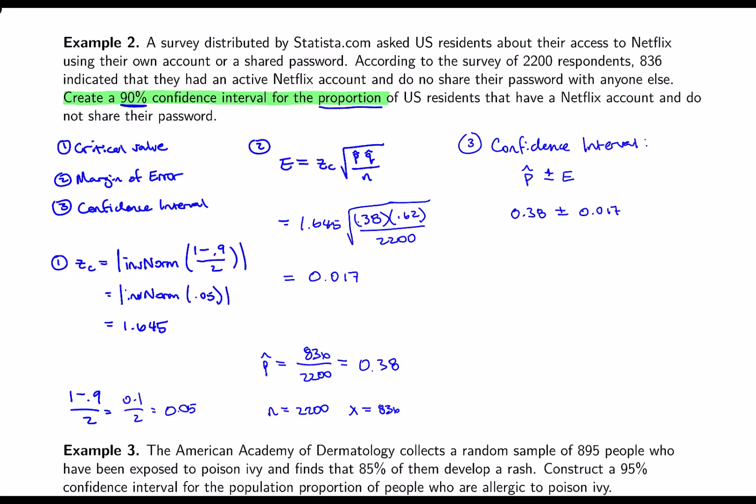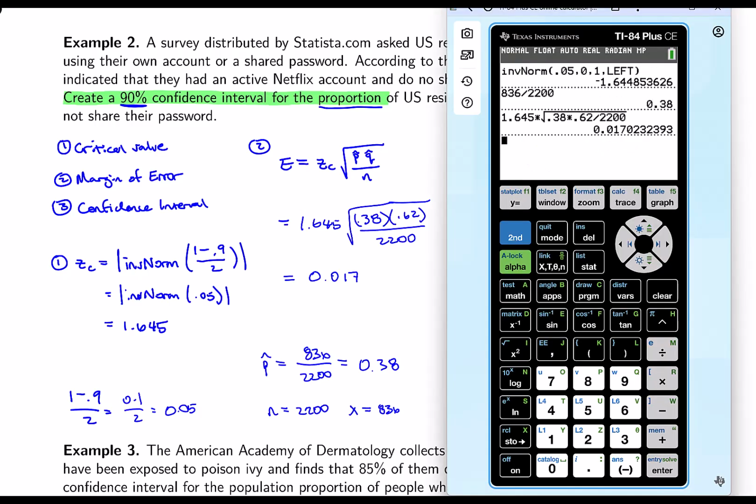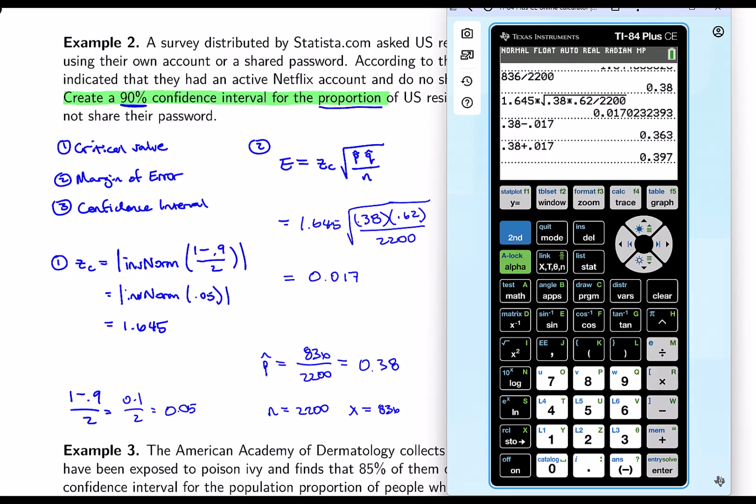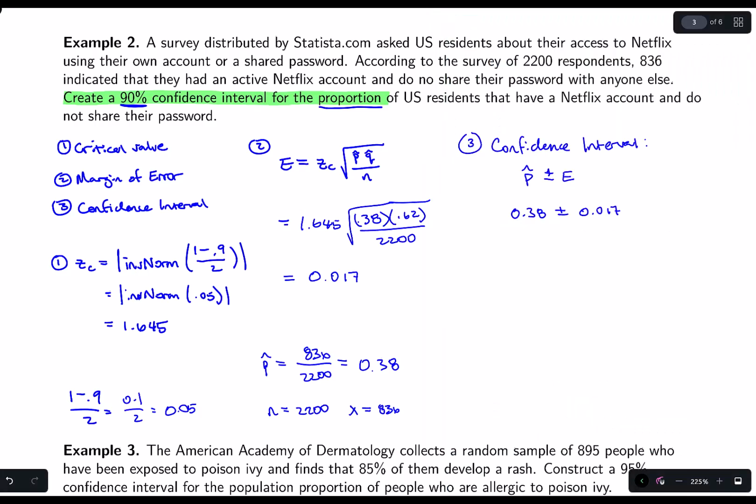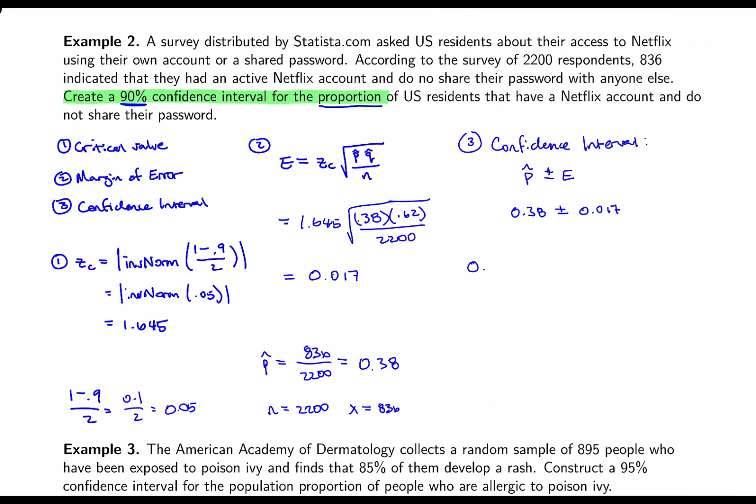And so if we add and subtract that value from 0.38, that would be 0.363 and 0.397. So my confidence interval then looks like 0.363 less than p less than 0.397.